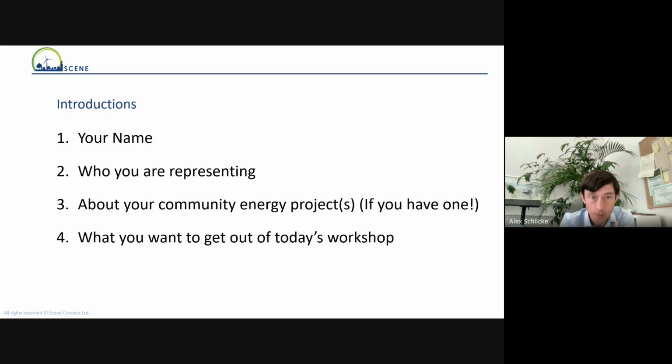Since 2014, I've been working exclusively for community energy projects, helping democratize the ownership of renewables through that process.